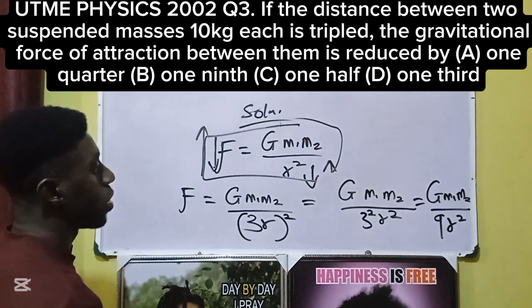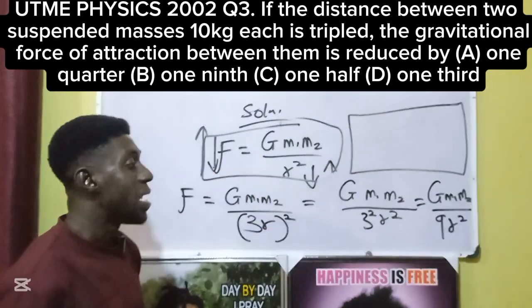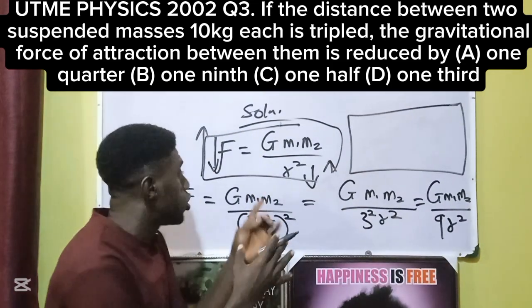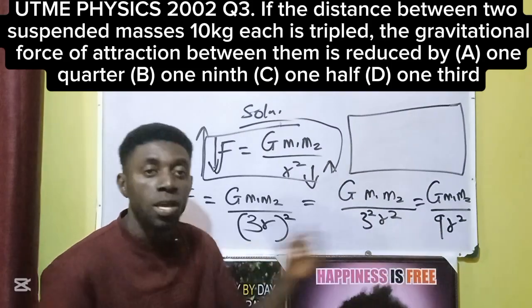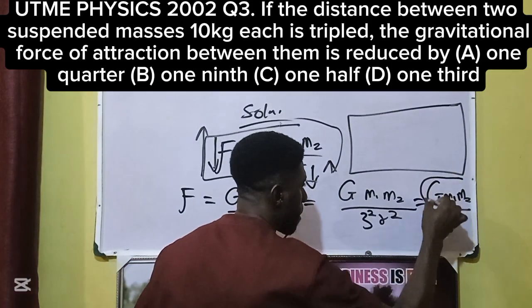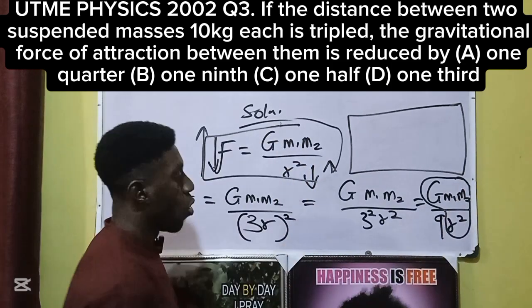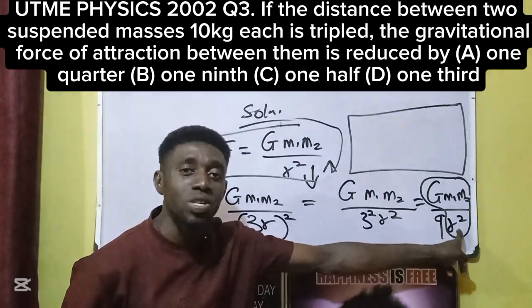Then observe something here. Let's find a way to bring out our initial formula from the new formula. See what I mean by that? Observe here, let's scrape out here. What I just scraped out there is the gravitational force itself.